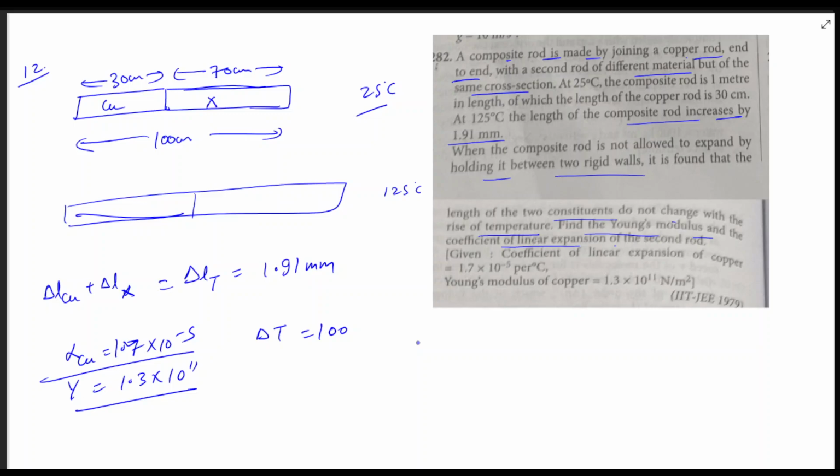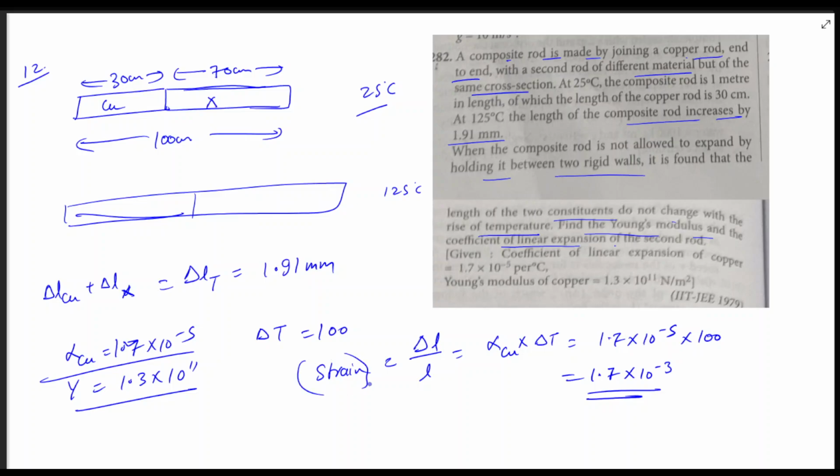So from here we can find delta L upon L, which is strain, will be equal to alpha of copper into delta T. So this will simply be 1.7 into 10 raised to power minus 5 into 100. So we will have 1.7 into 10 raised to power minus 3. This is our strain. Okay.